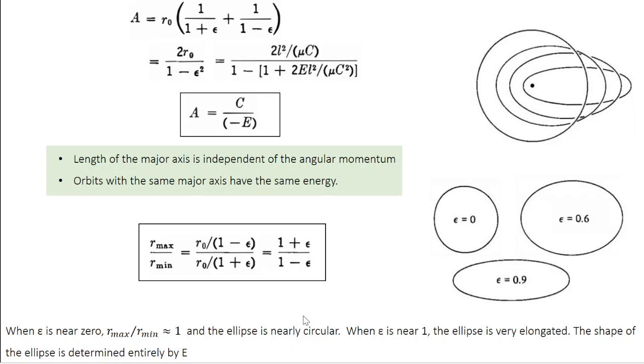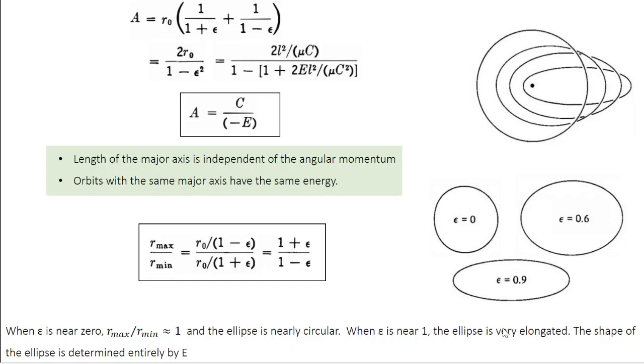On the other hand, when eccentricity is close to 1, then you can see that 1 plus E is going to be much higher than 1 minus E. So R max is very, very high compared to R minimum. In other words, the ellipse is going to get highly elongated.